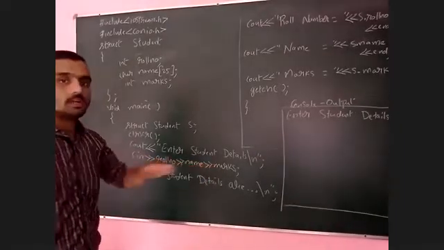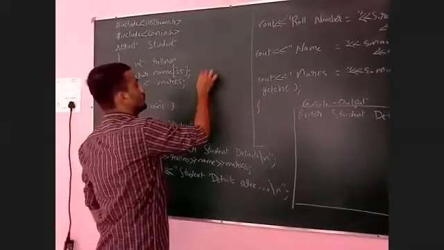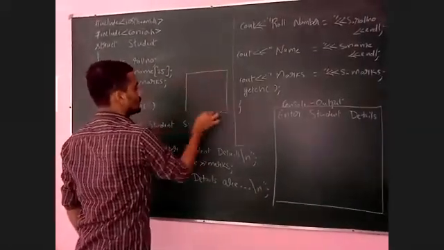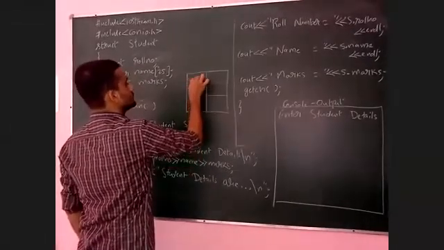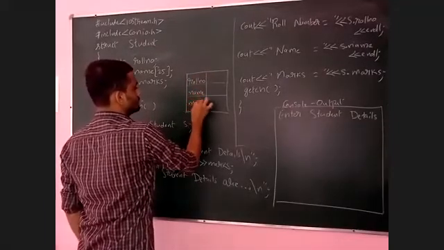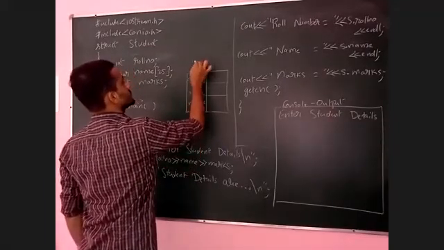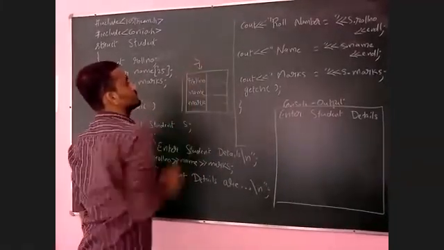So when you enter the values, they will be stored in the computer memory. For tracing purposes, you can draw like this. So this is the memory representation of the structure variable. That is roll number, name, marks. So this is the structure variable. Yes, you can consider it like this.